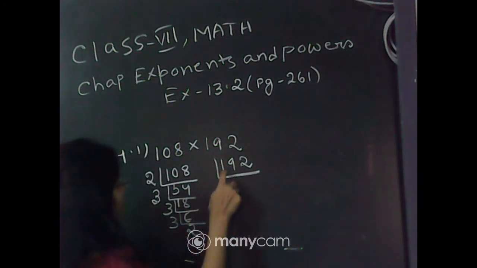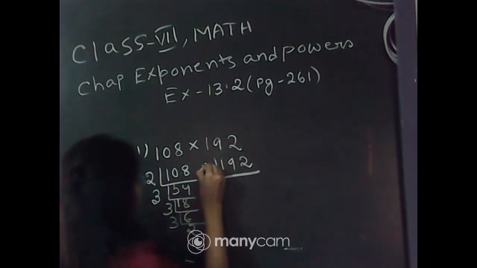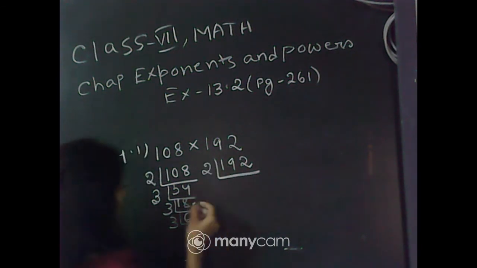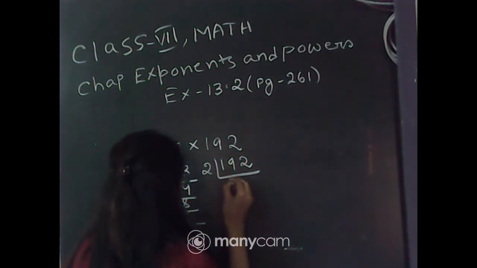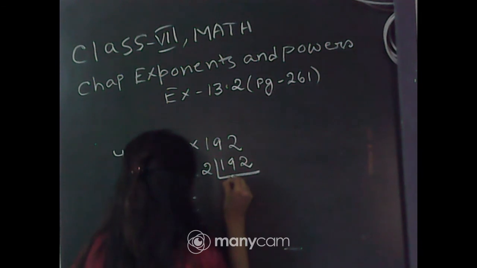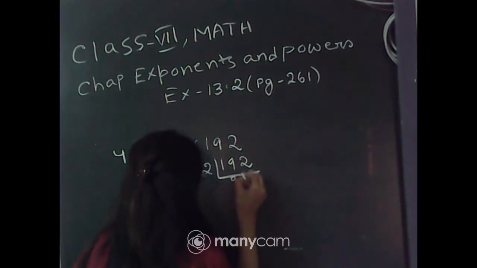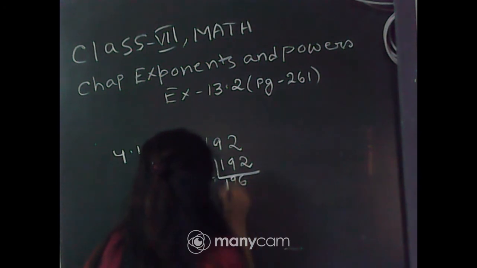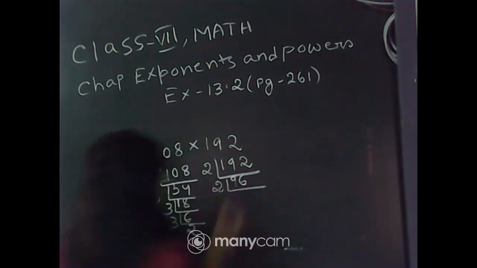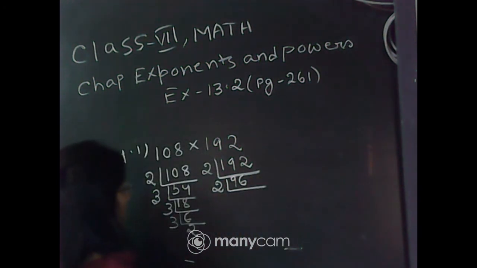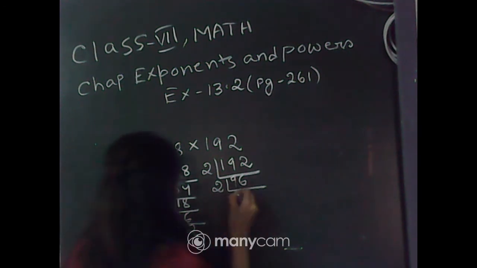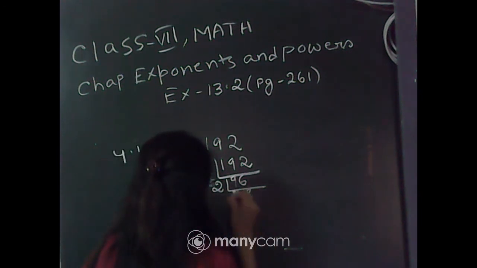Now, we divide 192 by the prime number 2 and we get 96. We divide 96 by the prime number 2 and we get 48.